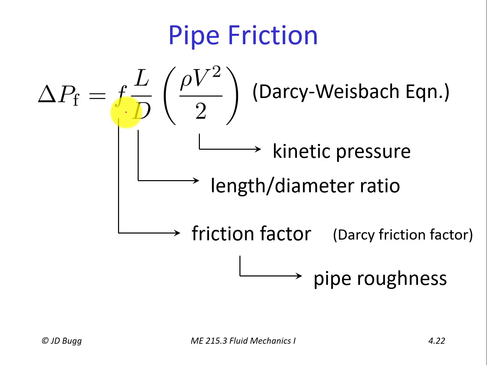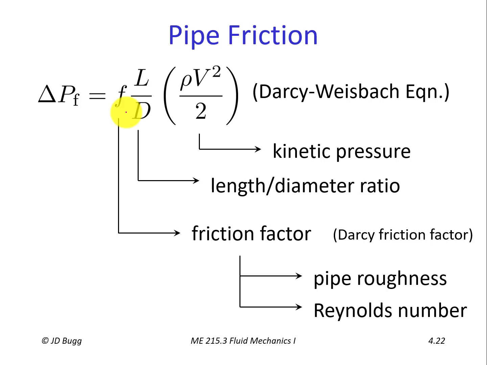If the inside of the pipe is very rough, the friction factor will be larger. If the inside of the pipe is smooth, the friction factor will be lower. The other thing that the friction factor is a function of is something called the Reynolds number. So friction factor is a function of two things: pipe roughness and Reynolds number.